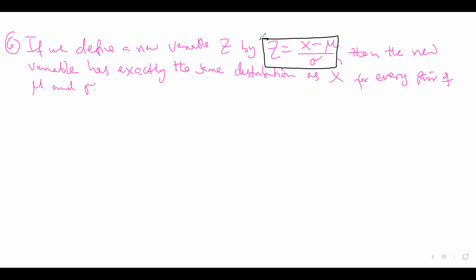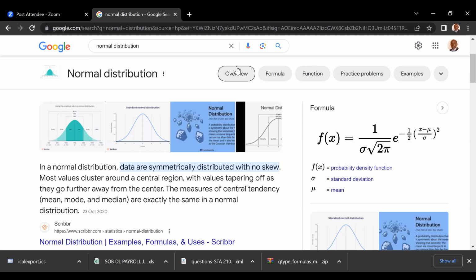Remember we were having some long formula somewhere, which I don't want you to remember for now. But let me take you back there. Maybe you'll appreciate something about that formula and what we are trying to say here. If we go back to Google, I want you to pay attention to this part, the part in brackets.